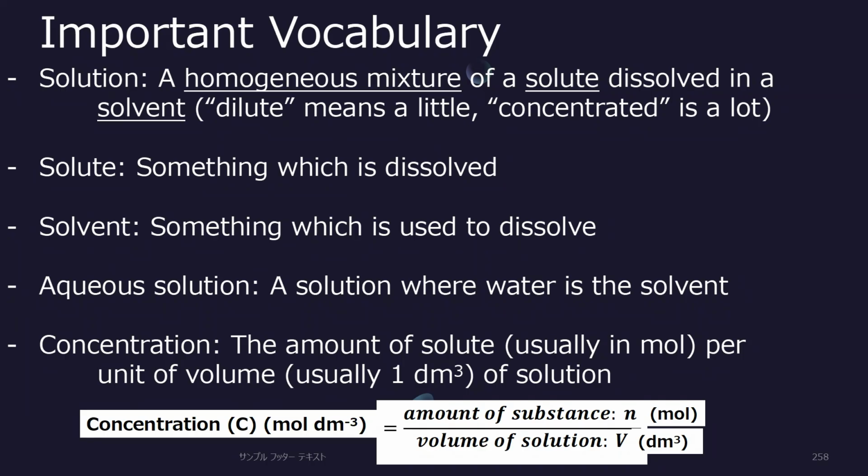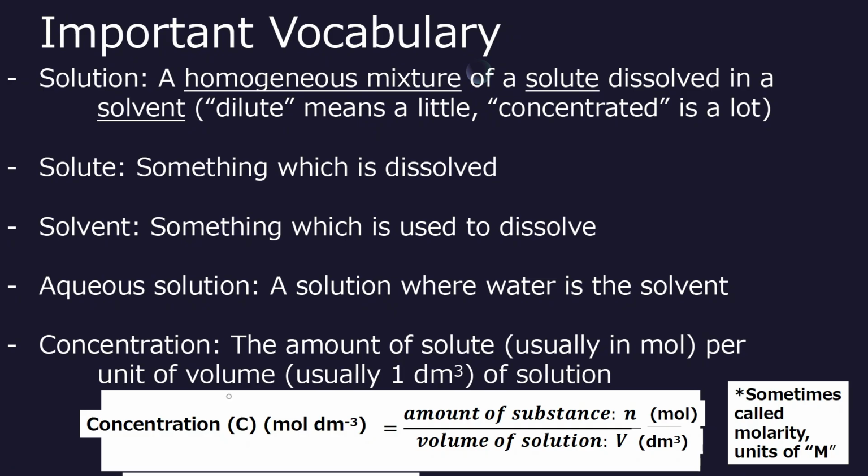So you can see the equation I've written at the bottom here. Concentration written with a big C in units of mole per decimeter cubed equals amount of substance, n in moles, divided by volume of solution, V in decimeters cubed. Alright, so make sure you know all of these vocabulary words, because we're going to use all of them in today's video.